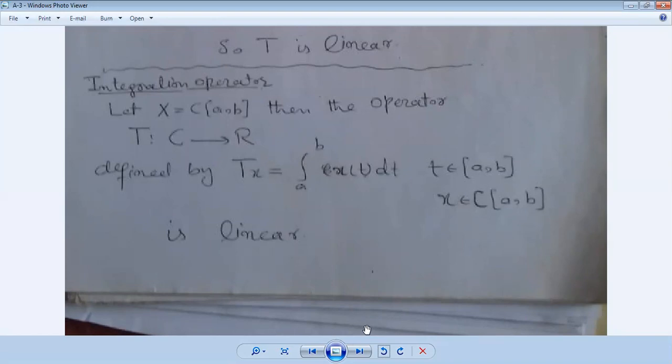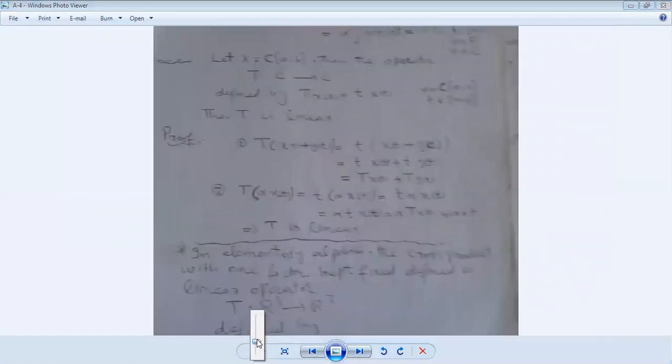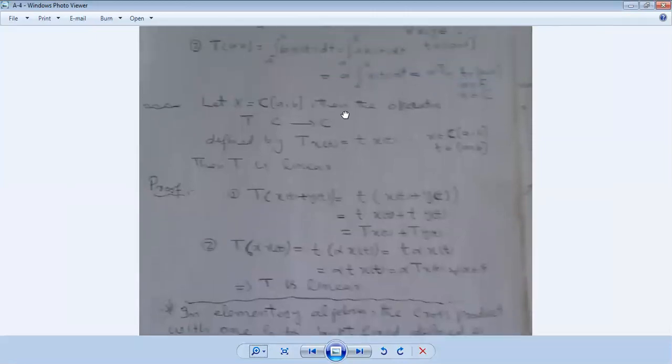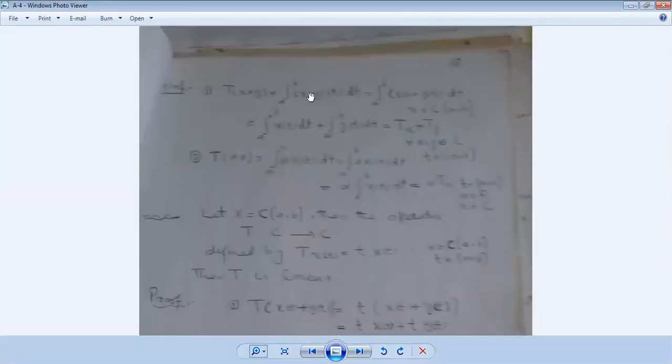Using the basic information of integration, the integration of a sum of functions, and of a function multiplied by a scalar, we can easily prove that the integration operator is a linear operator. Here are some steps, and we prove that.